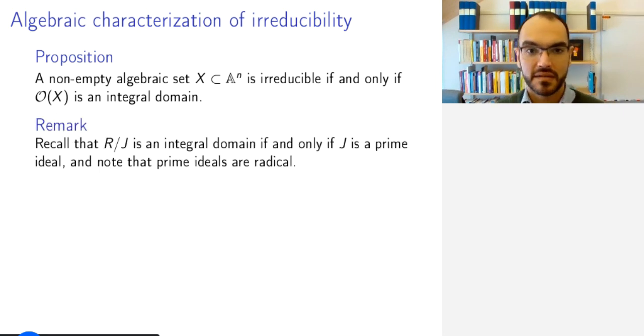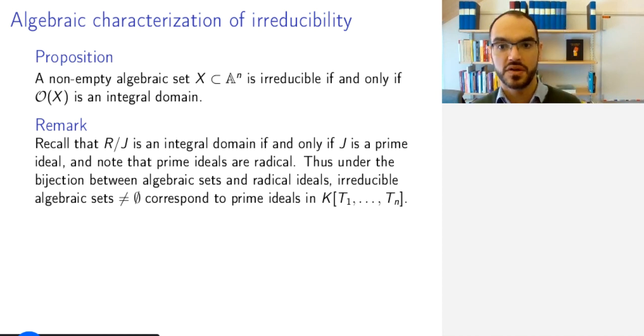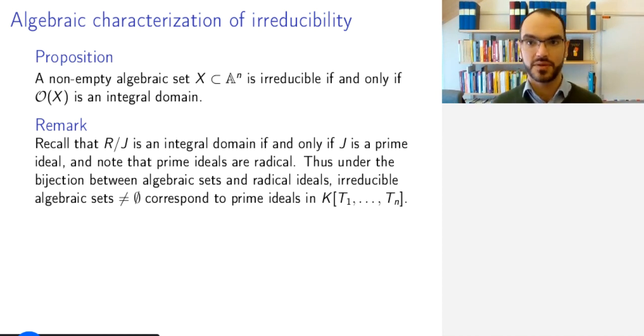And so recall that a quotient of a ring by an ideal is an integral domain if and only if the ideal is prime. And as an exercise, prove that if an ideal is prime, then it is radical. Shouldn't be difficult. So remember we had this bijection, according to the Nullstellensatz, between algebraic sets and radical ideals. We've already seen that points correspond to maximal ideals under this bijection.